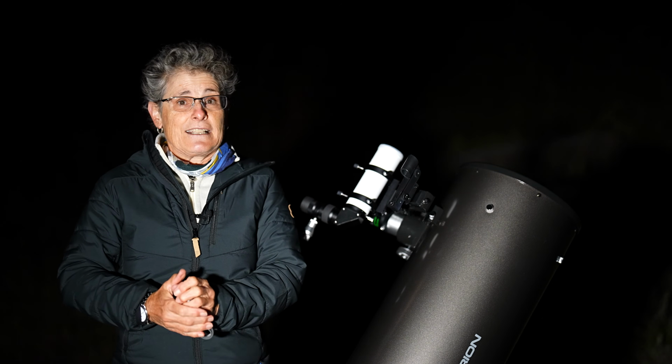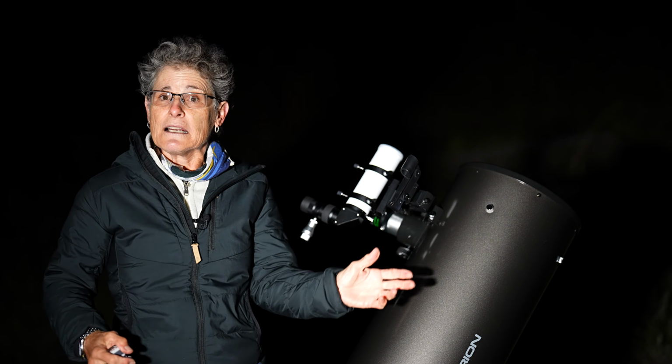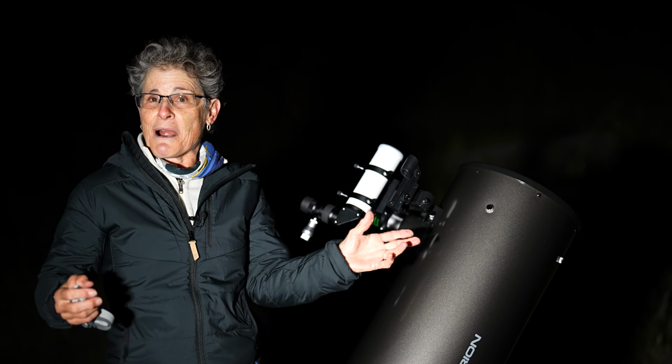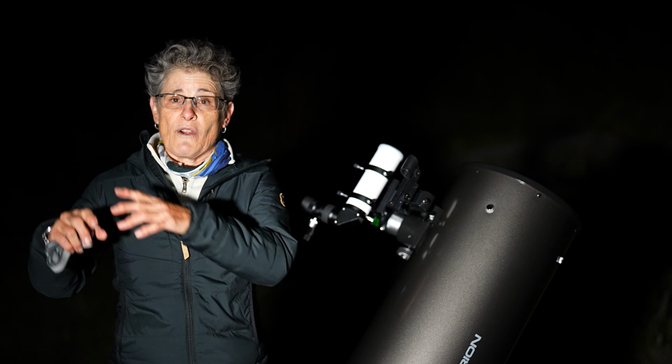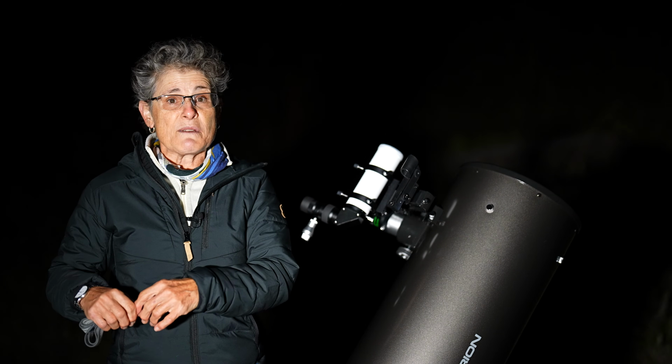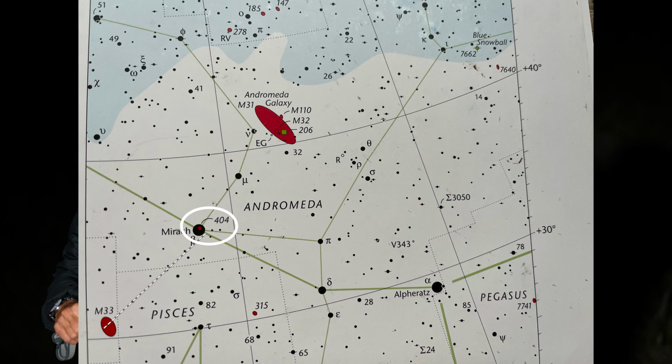To find the Triangulum Galaxy, start at Almach, the double star we just admired, and in between Almach and Alpheratz, the edge of the Great Square of Pegasus, is Mirach, the orange star, and just below at about 7 degrees southeast, you'll find M33.